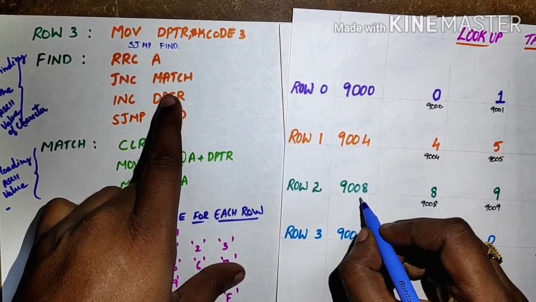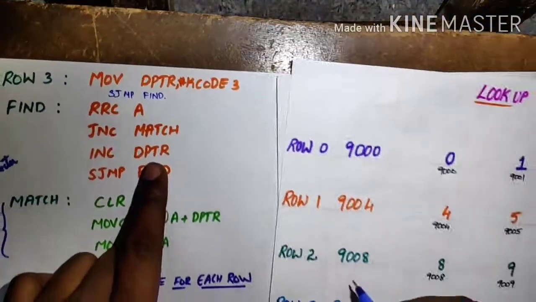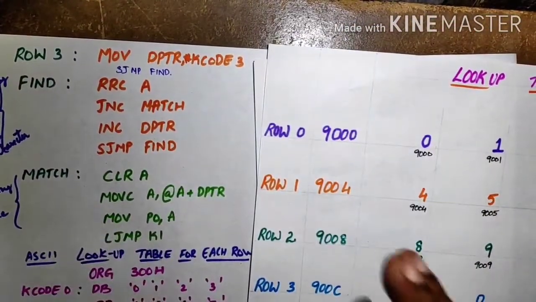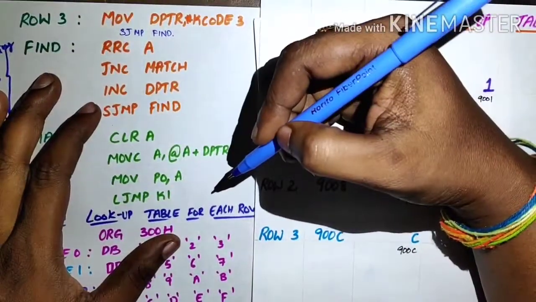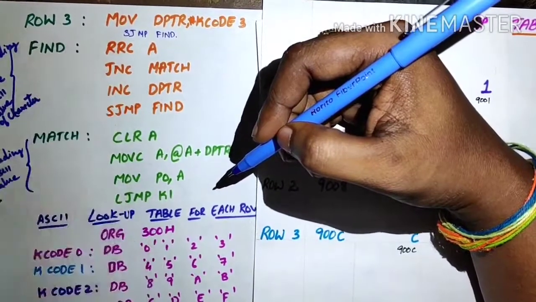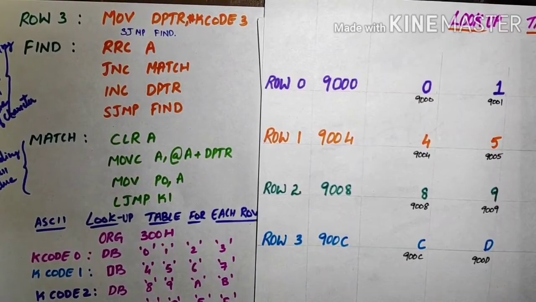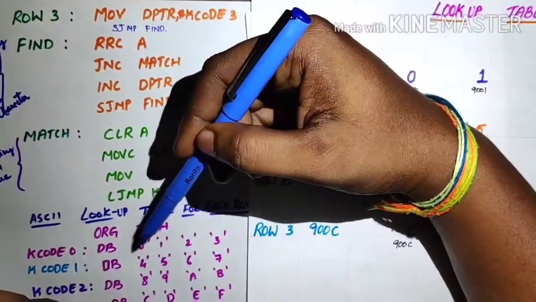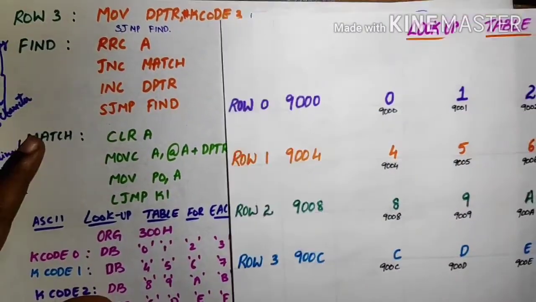As we are taking row 2, 9008 is moved to the data pointer and we are checking the column. The column checking we have done by rotating the column through carry, and we found the particular match. So this is our lookup table. Take an example and follow the steps.